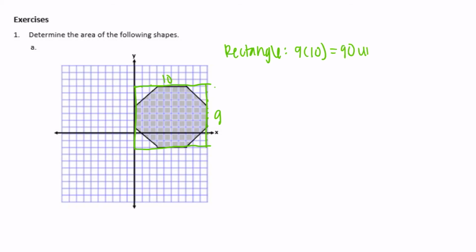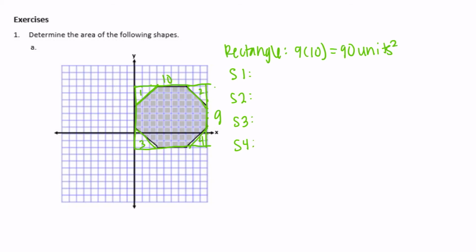So the rectangle is 90 units squared. So let's take out these corner pieces here. So we have 1, 2, 3, 4. So let's do shape 1, shape 2, shape 3, shape 4.